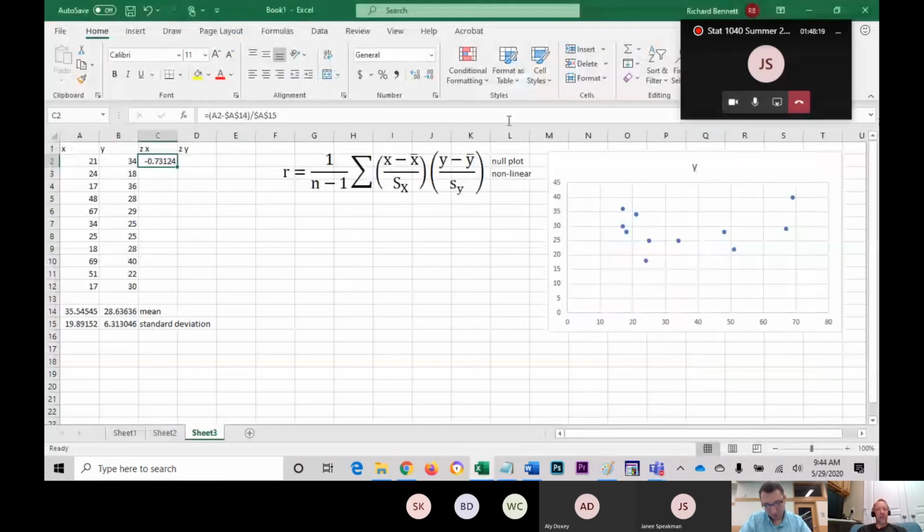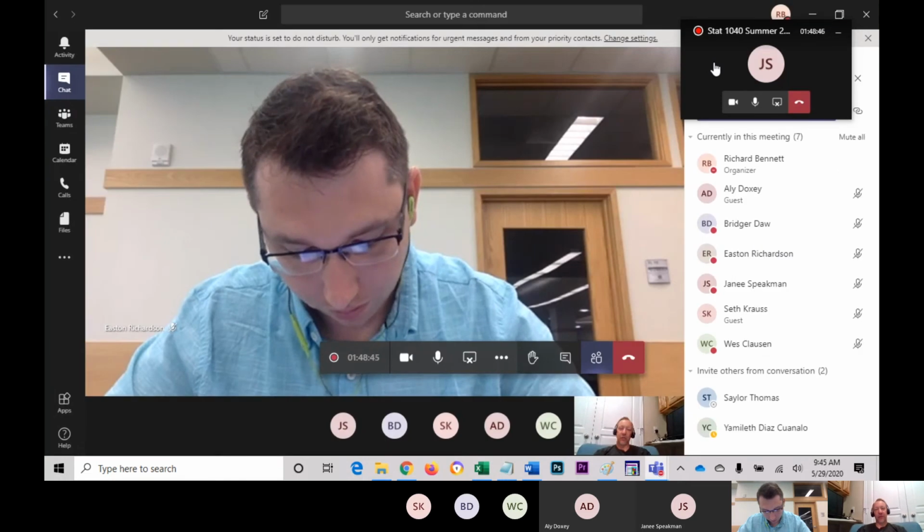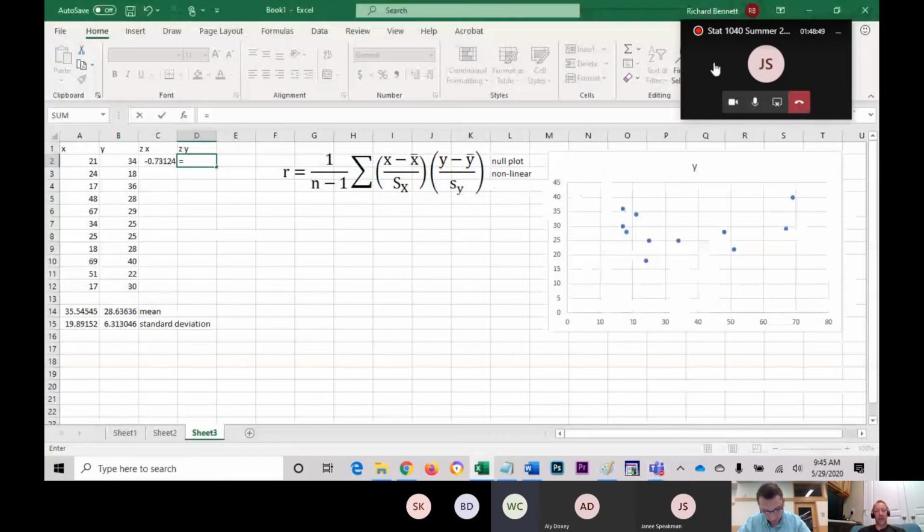Seth, can you tell me how to do it for the Y variable? Did Seth leave? I think Seth might have left. Wes, can you tell us how? Yep, you'll do the exact same thing.